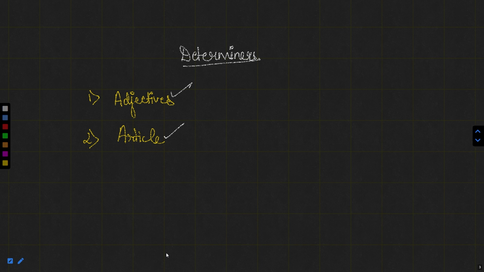But can we say that all the determiners are adjectives? No, not all the determiners, but many determiners are adjectives and many adjectives are determiners. It cannot be said that all the adjectives are determiners. Though somewhere it can be said that all the determiners are adjectives. Why so? Because any word that can qualify a noun is known as an adjective. Also, this article is also a part of adjective.